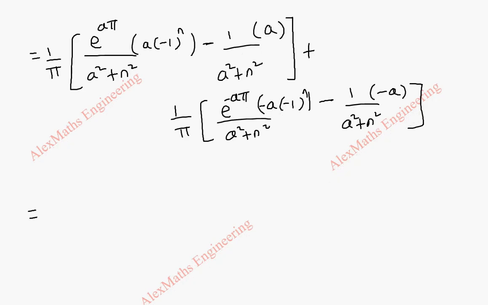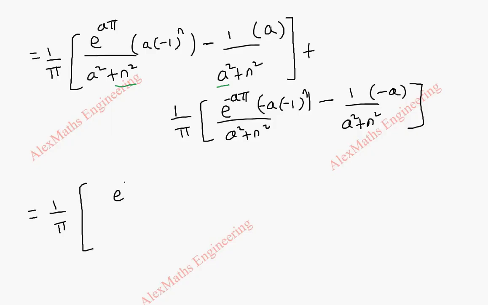We can take 1 by pi common throughout. Then from the first set of terms, we can group e power a pi, but we can also take a common from these two terms. So a, or else first we shall rearrange this one.